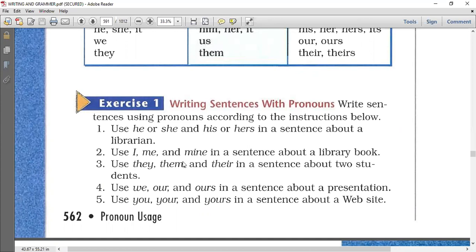Thank you, Hassan. Number 2, use I, me, and mine, the three of them. Nominative, objective, and possessive of I in a sentence about a library book. Who's ready?